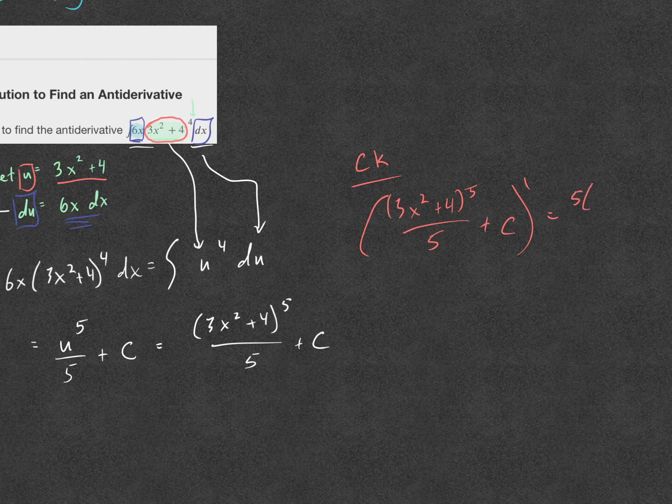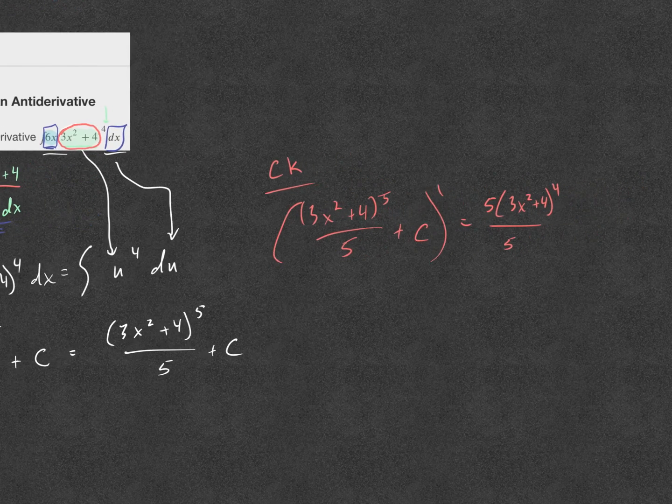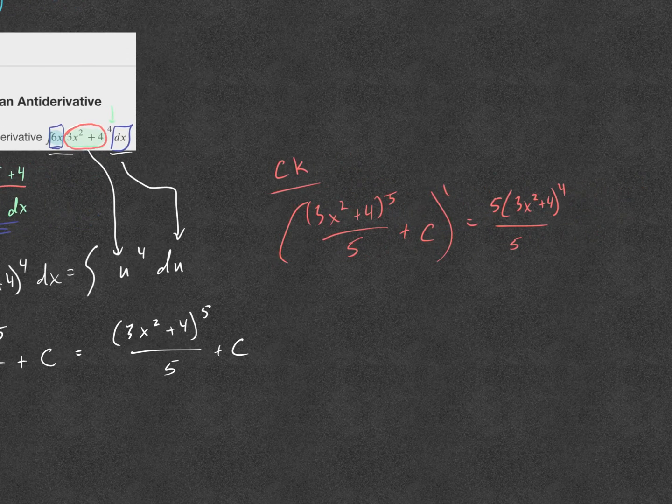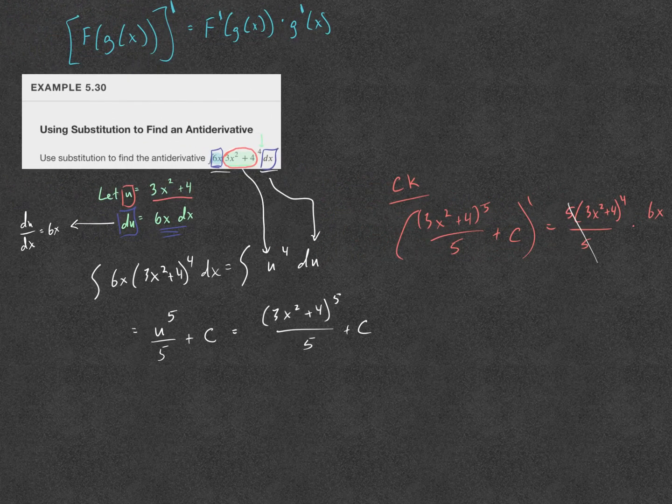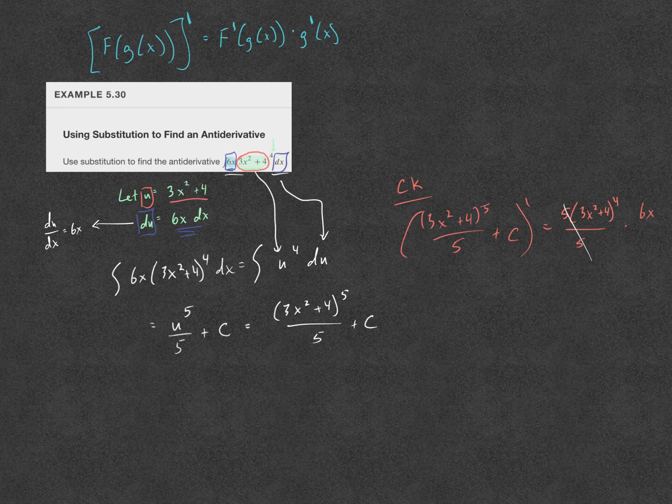The 5 comes down. 3x squared plus 4 to the 4th power over 5. And then we have to use the chain rule, times the derivative of the inside, which is 6x. 5's cancel out, and hey, look at that. What you're left with there is what the integral was originally evaluating.